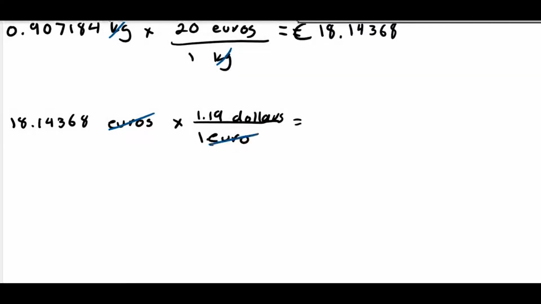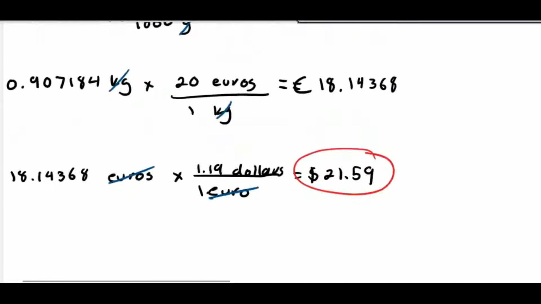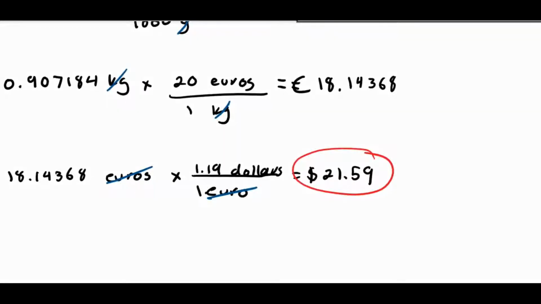As you see, the euros cancel out, and we are left with 18.14368 times 1.19, or in other words, $21.59. So in total, Yasmini will need $21.59 to purchase 2 pounds of cookies from Spain.